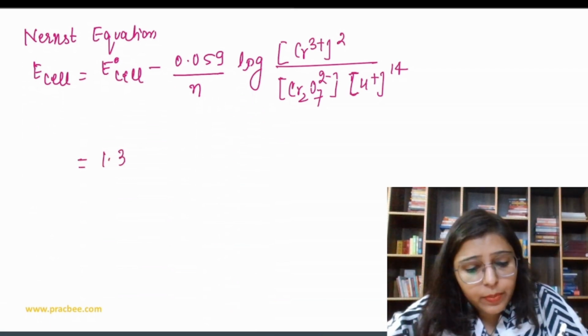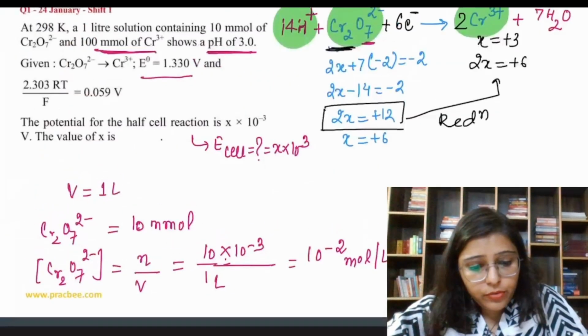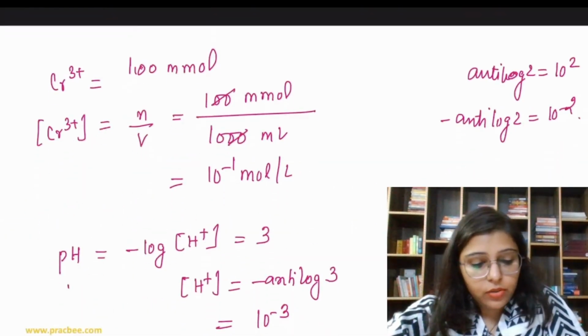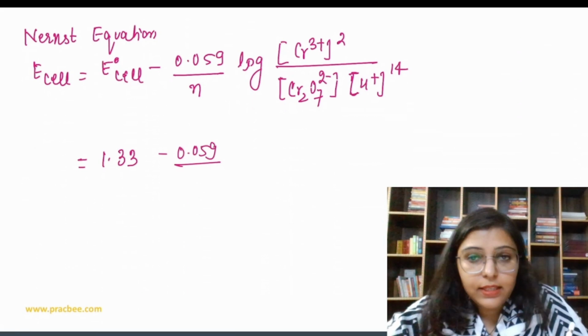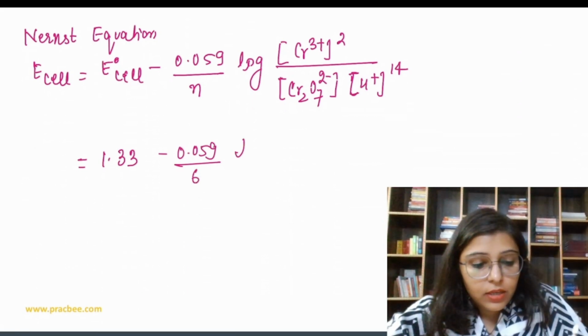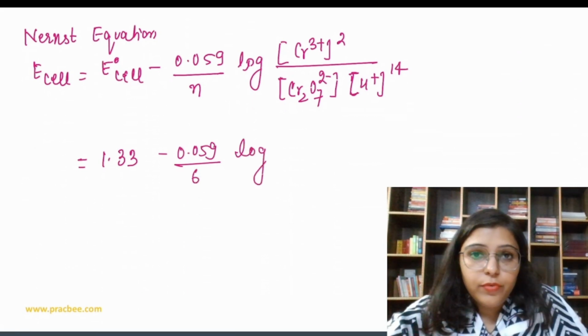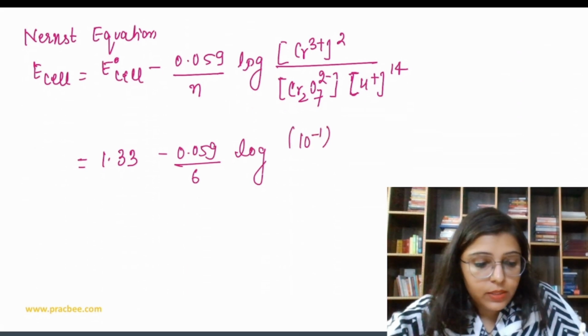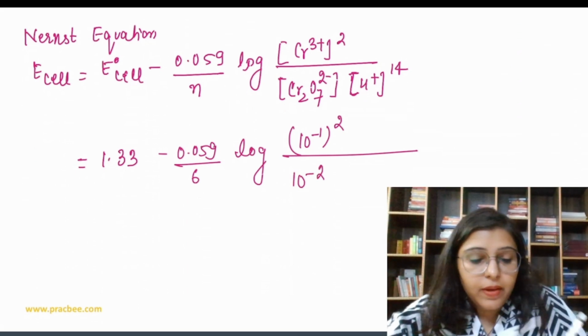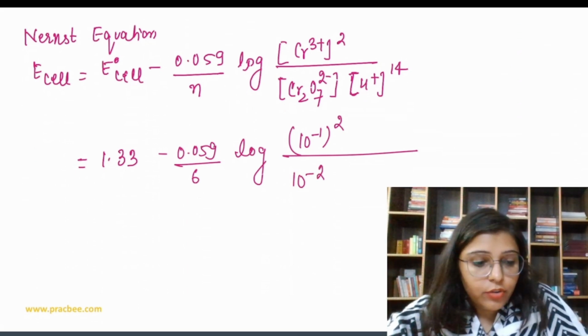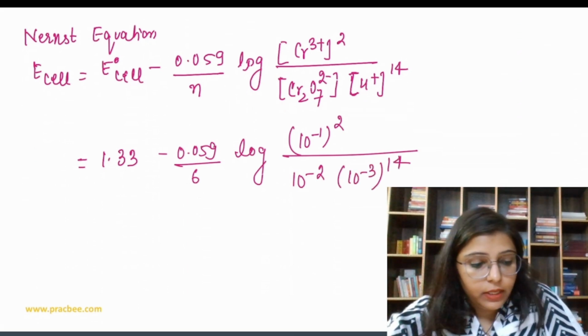So E naught cell is 1.33, 1.330, right? So 1.33 minus 0.059 upon 6, where n is the number of electrons, which is equal to 6, log of concentration of chromium 10 to the power minus 1 squared, concentration of dichromate 10 to the power minus 2, and concentration of H plus 10 to the power minus 3 to the power 14.